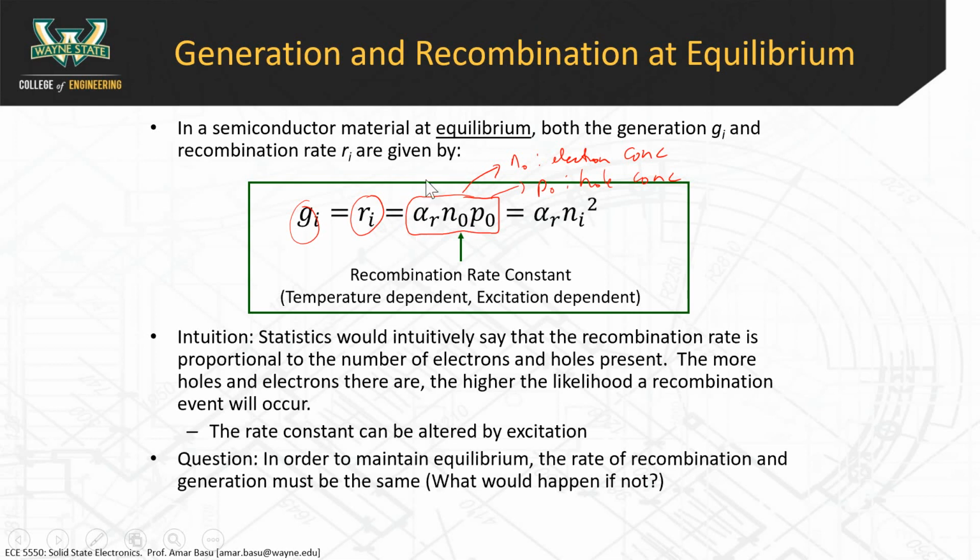The proportionality constant is given by alpha r, and this is the recombination rate constant. Alpha r is temperature and excitation dependent. Higher temperatures, you're going to get more generation, more recombination.